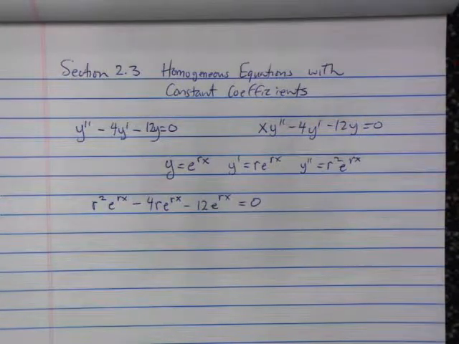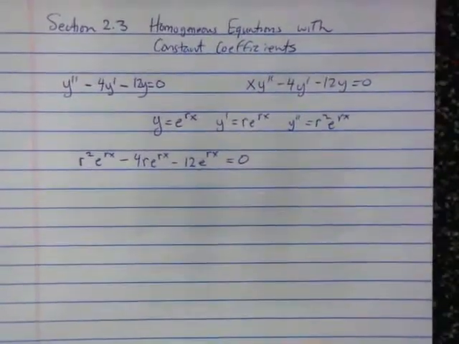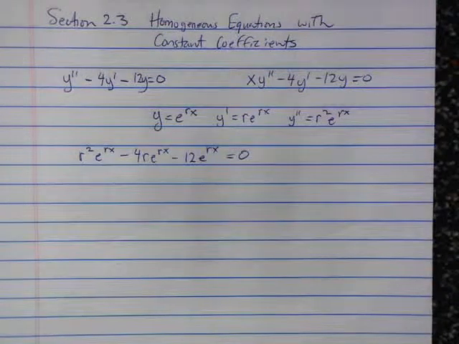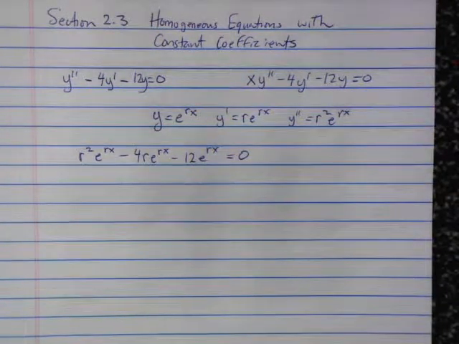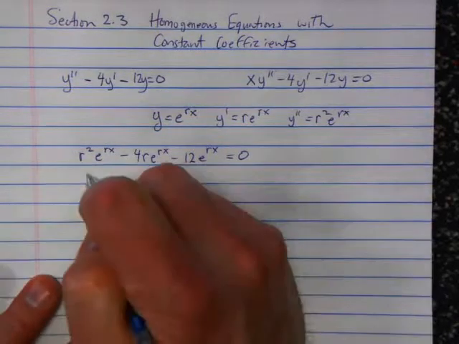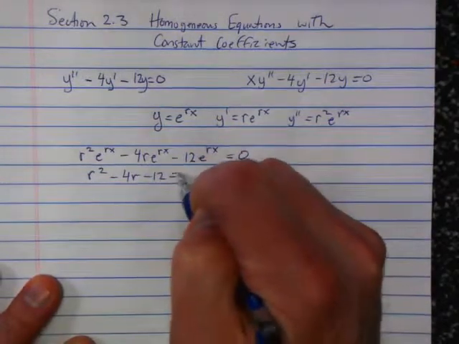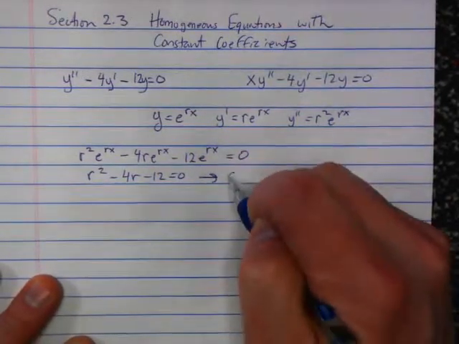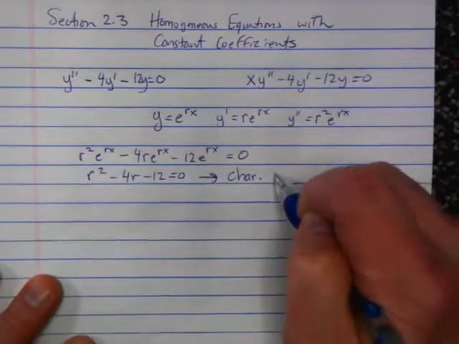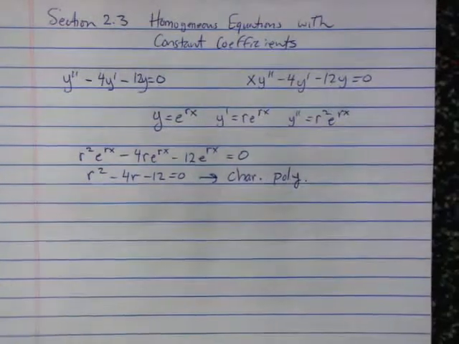And then what could you do? You could factor out the e to the rx, and then divide by e to the rx, because e to the rx can never be the number 0. And so we ended up having to solve a polynomial equation: r squared minus 4r minus 12 equals 0. And this has a name. This is called the characteristic polynomial, or the characteristic equation.